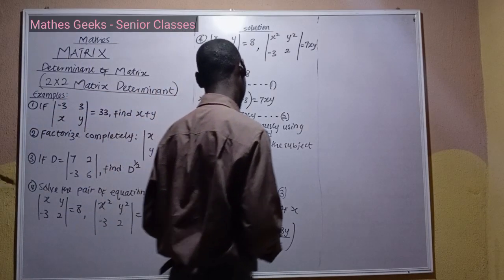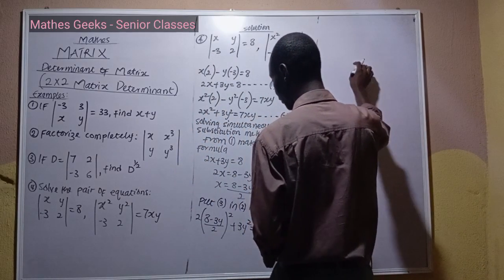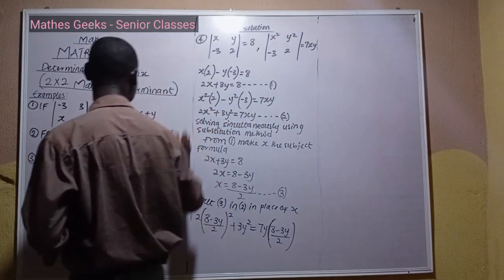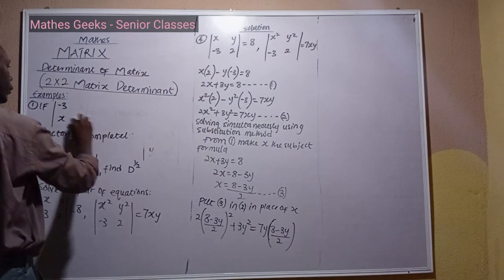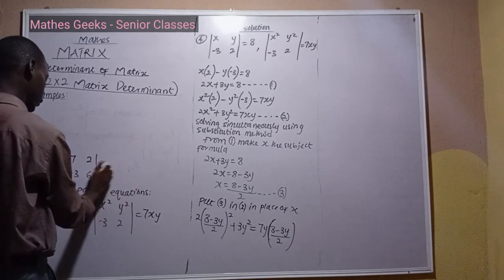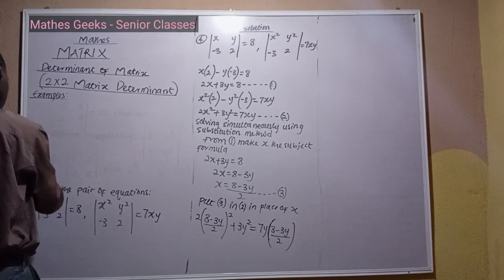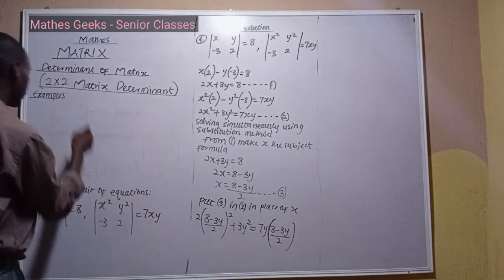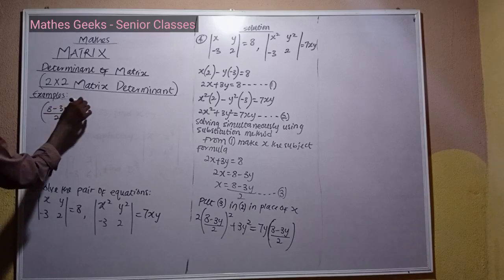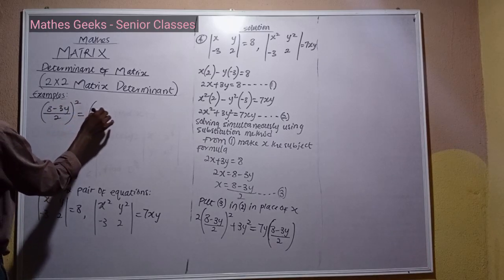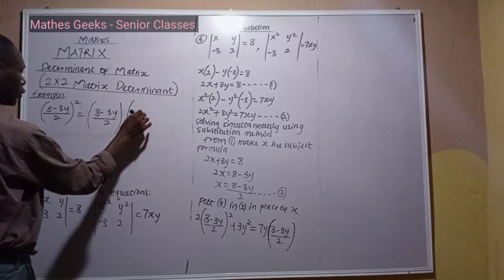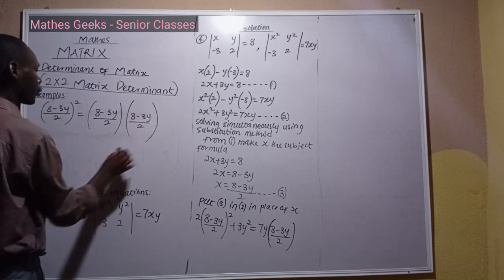So now let's evaluate. (8 minus 3y over 2) squared equals to (8 minus 3y over 2) times (8 minus 3y over 2).